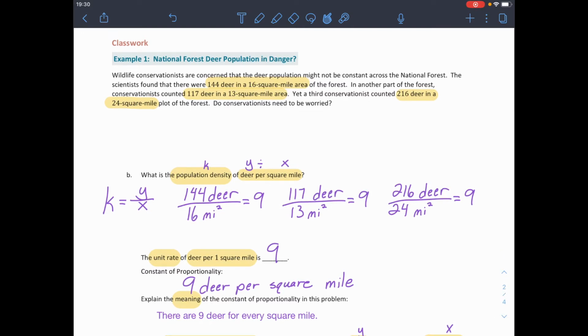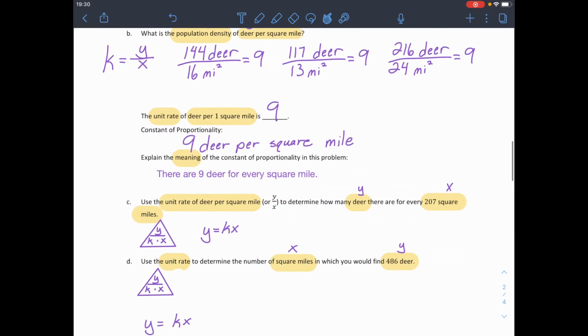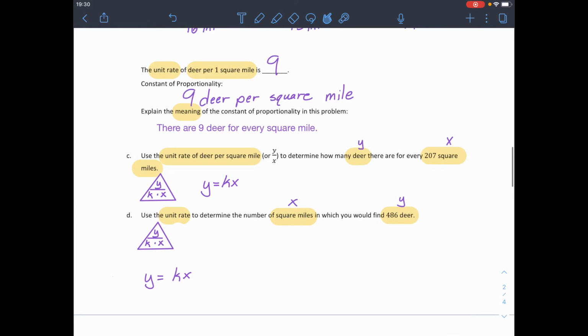Now that we have our unit rate of 9 deer per square mile, we can use it to help us solve some problems. The first problem is to determine how many deer there are in 207 square miles. As we have already established, our square miles are going to be represented by x, and our deer are going to be represented by y.